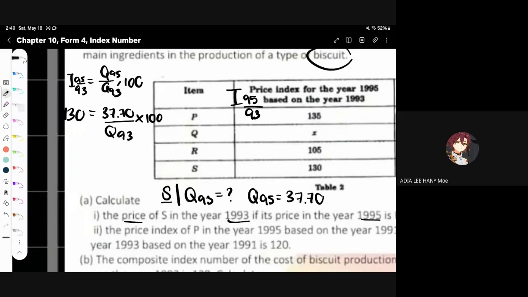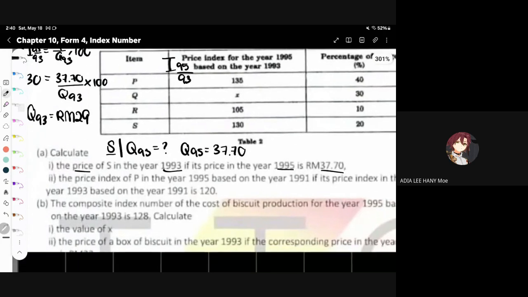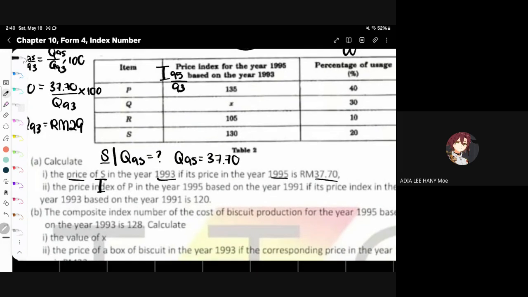So Q93 is equal to 29. But don't forget, you have to put RM because it is price. If it's I, you don't need to put RM. All you have to put RM is for Q. So now we know the price index. Calculate the price index. Okay, they want price index of P.